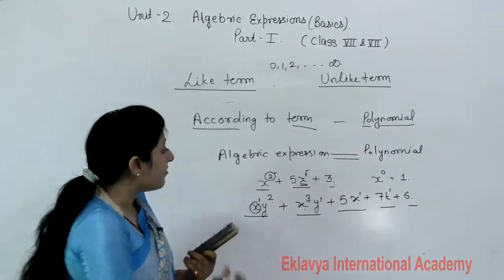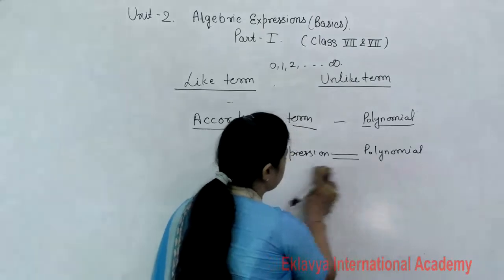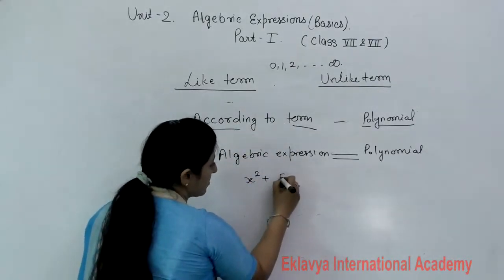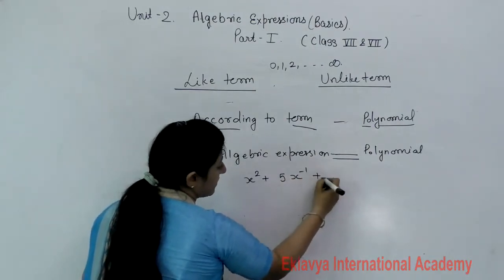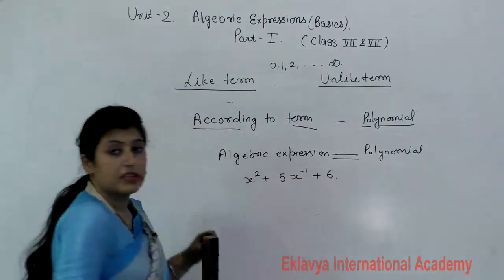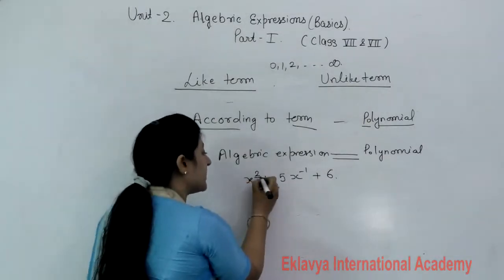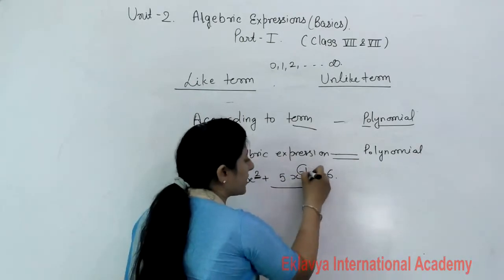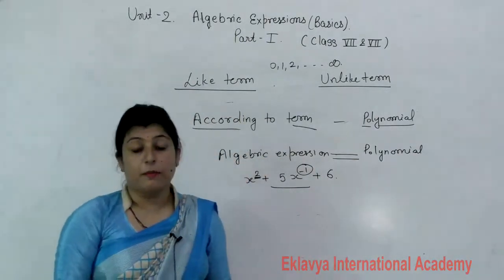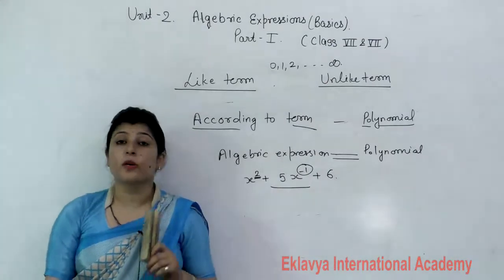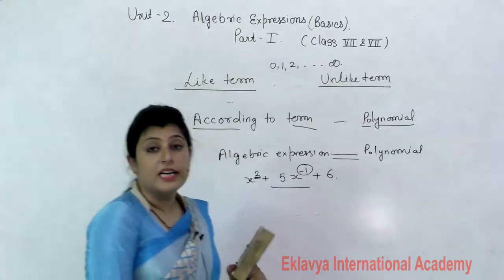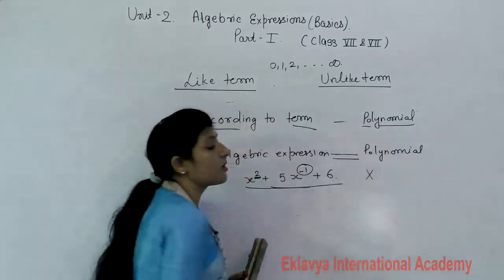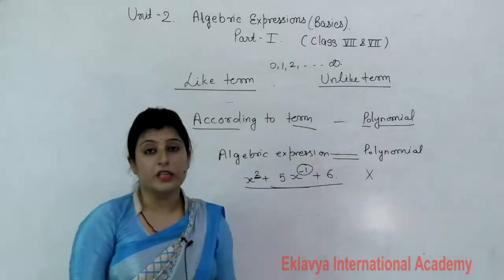Take one example which is not a polynomial. Suppose I write down x square plus 5x power minus 1 plus 6. In this case, see, this power is 2, a whole number. In this term the power is minus 1. Minus 1 is not included in the whole numbers. That's why this algebraic expression is not a polynomial.